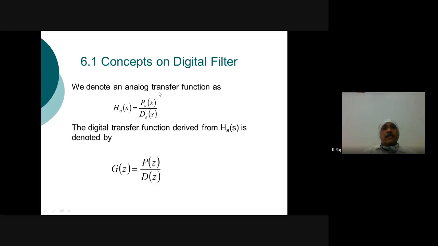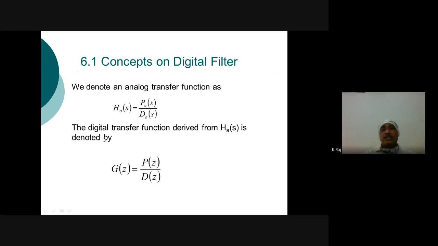We denote the analog transfer function with the help of a polynomial in the numerator and the denominator, both functions of s. That is, H_a(s), the system function of the filter in the analog domain, is P_a(s) divided by D_a(s).